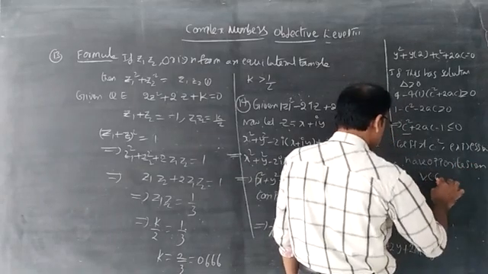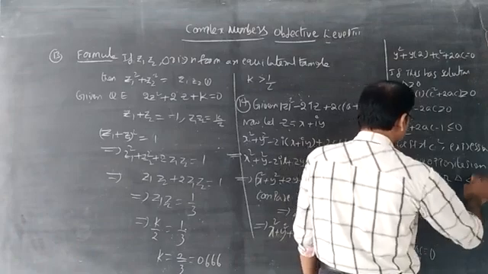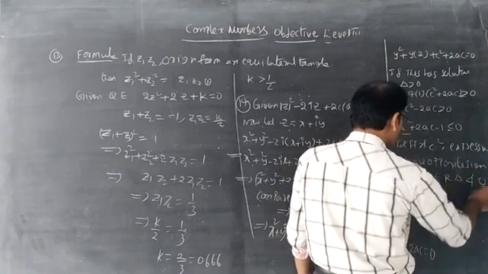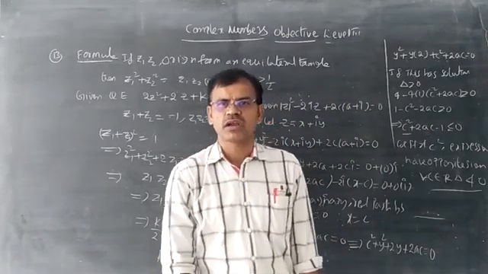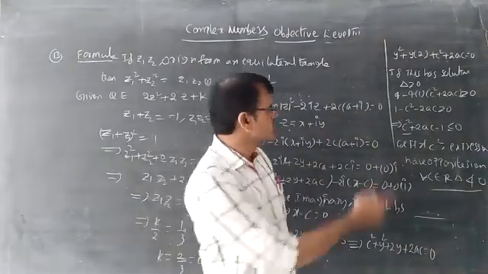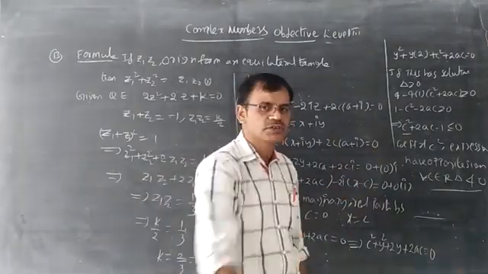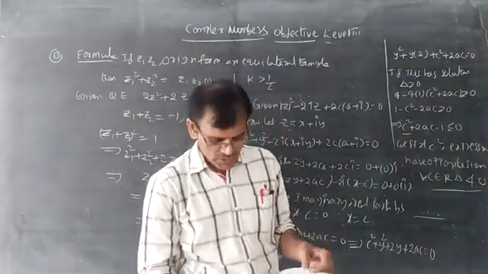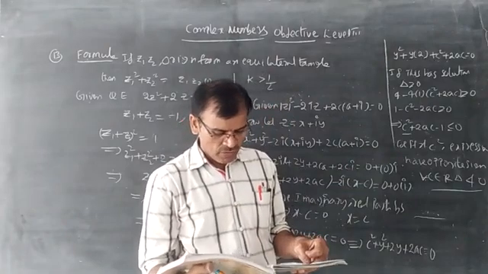Therefore, for all c belongs to R, delta is not less than 0. Originally delta less than 0 should hold for all real numbers, but here the sign is opposite, so it is absolutely wrong. So there is no solution, meaning there is no value of a.